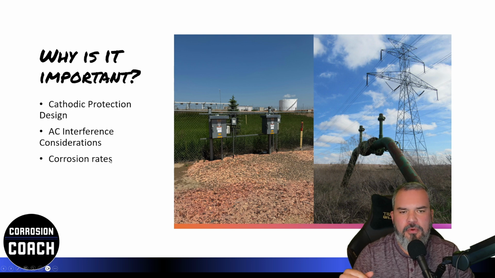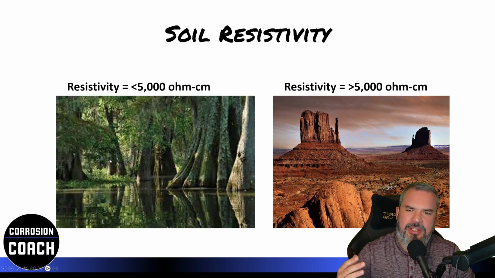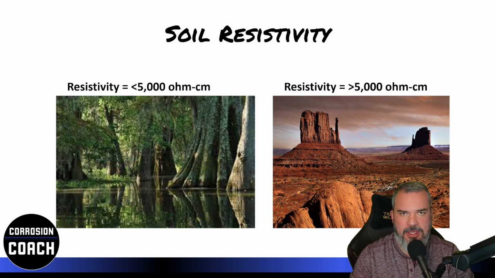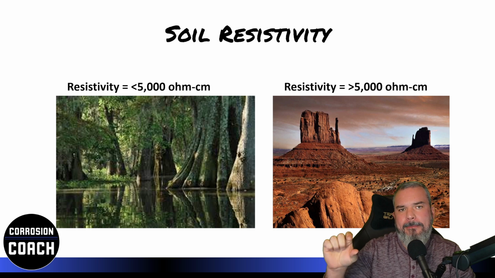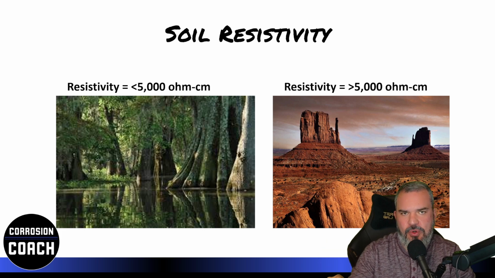So moving forward, just to give you an idea, again, you're seeing that word resistivity. Resistance and resistivity are certainly associated with each other, but it doesn't mean the same thing. So we're going to go measure resistance of the soil or earth, and then we're going to calculate resistivity.